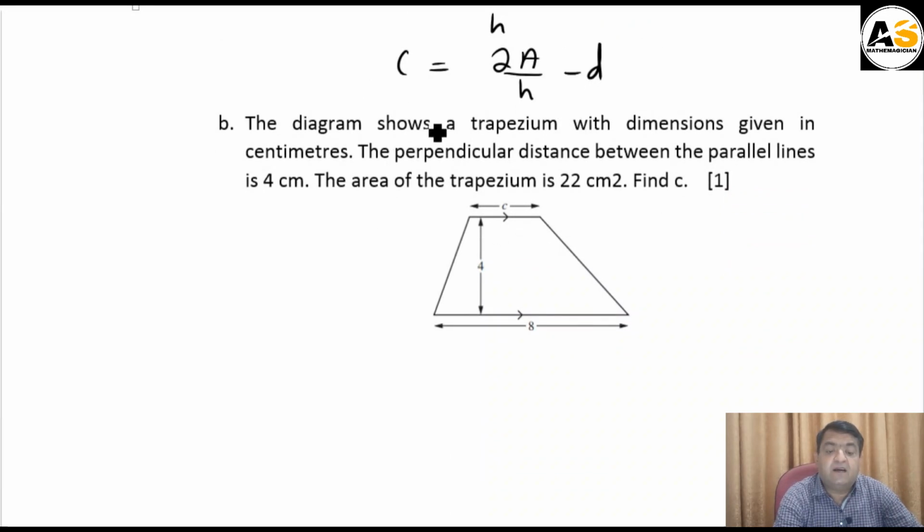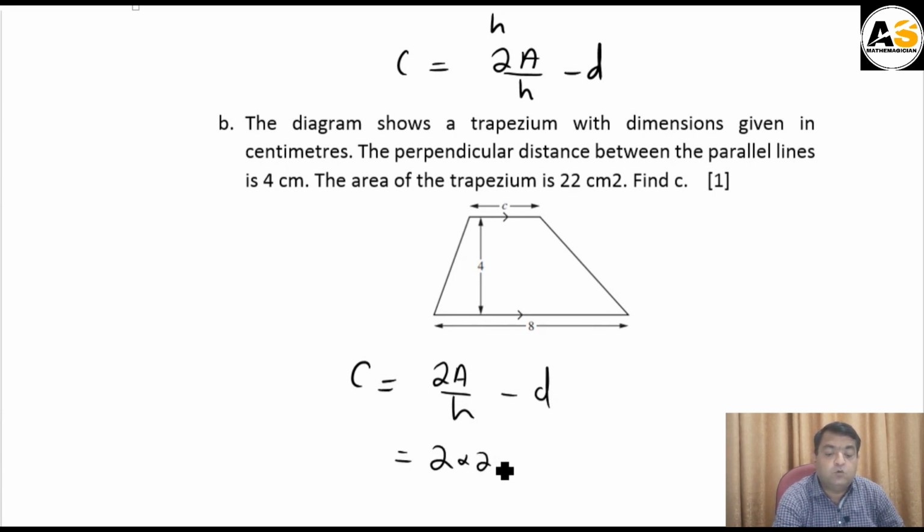In the second diagram, we are given a trapezium with dimensions given in centimeter. This one side is 8, this side is C, and the perpendicular height is 4, and its area is given 22 centimeter square. We have to find this C. So from part 1, C is equal to 2A over H minus D. What is A?